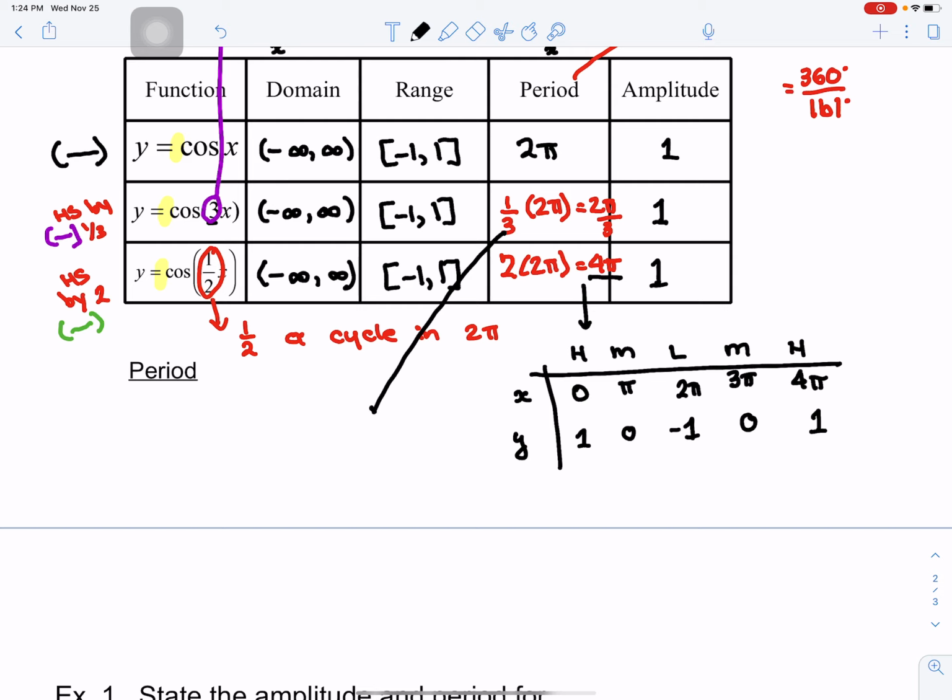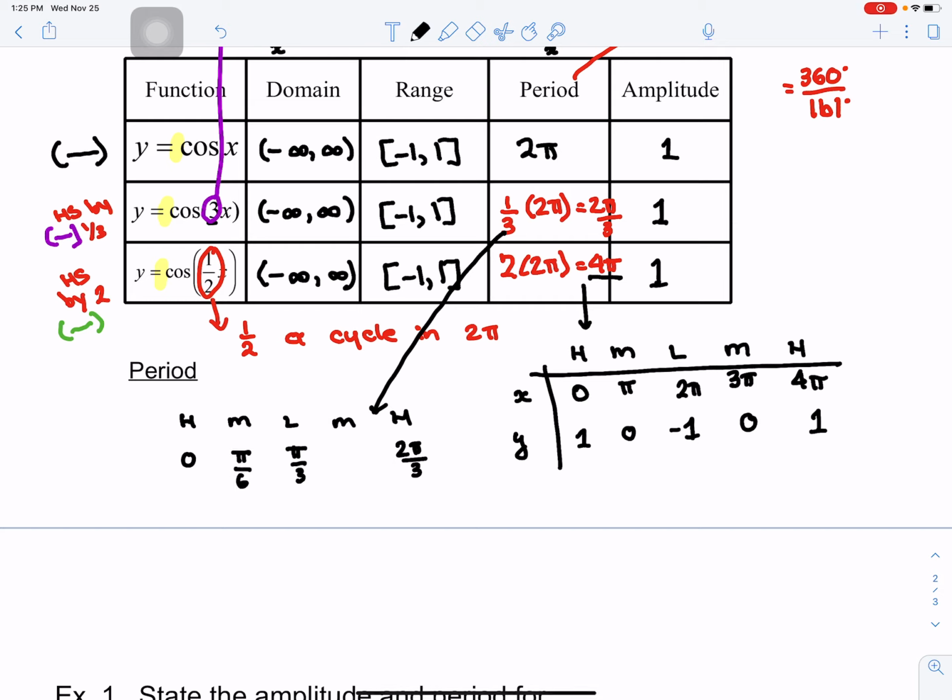Now in this one, you're doing your high, middle, low, middle, high, and we want the full cycle to take 2 pi over 3 units. So I would say, okay, 2 pi over 3, half of it is 1 pi over 3, half of pi over 3 is pi over 6.